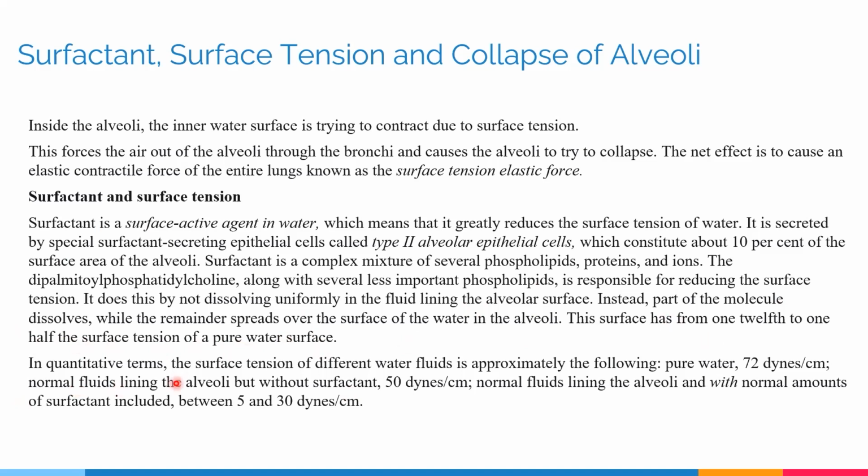In quantitative terms, the surface tension of different water fluids is approximately the following. Pure water has a surface tension of about 72 dynes per centimeter. Surface tension in the case of normal fluids lining the alveoli but without any surfactant is about 50 dynes per centimeter.